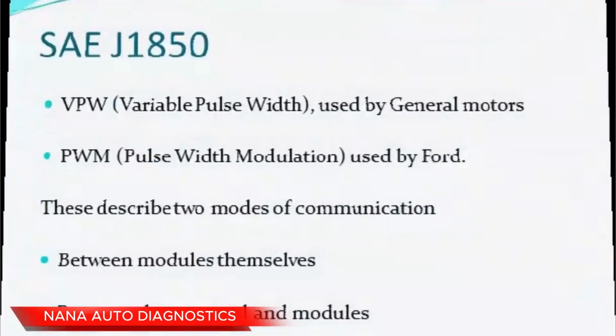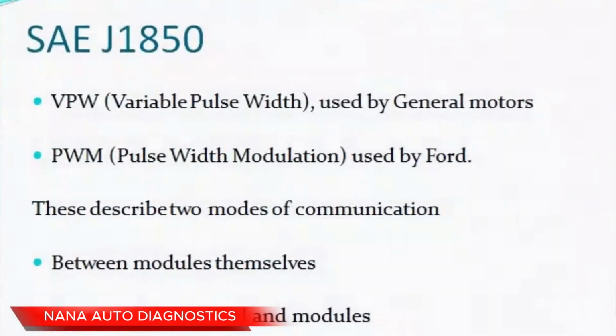We have the SAE J1850 communication protocol, which comes in two flavors: VPW, which is variable pulse width, and this was used by General Motors, and PWM, which is pulse width modulation, and this was used by Ford.